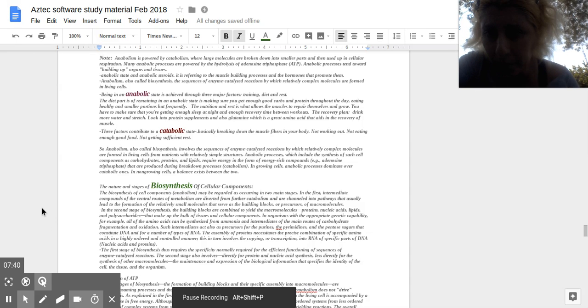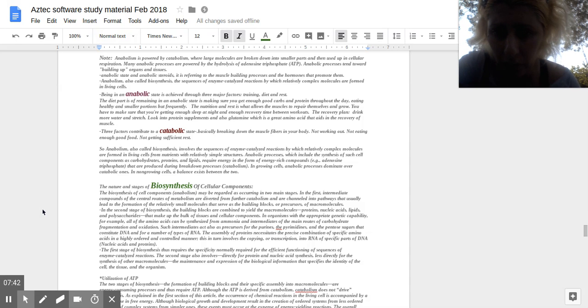Many anabolic processes are powered by the hydrolysis of adenosine triphosphate, or ATP. Anabolic processes tend toward building up of organs and tissues. An anabolic state, or anabolic steroids, for example, refer to the muscle building processes, the hormones that promote them as well.